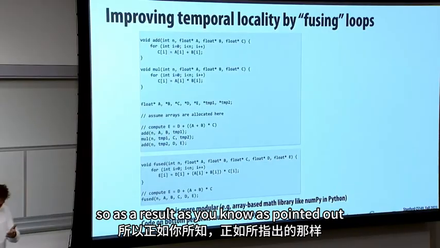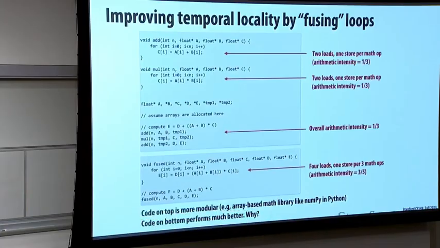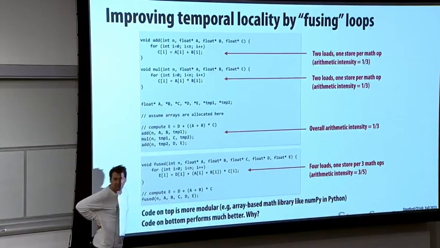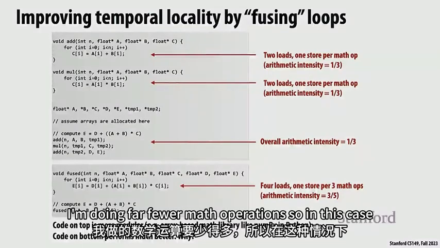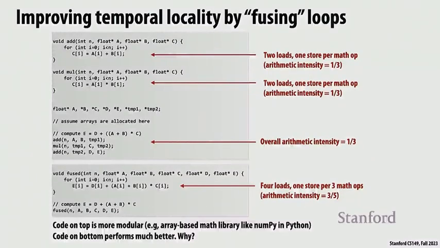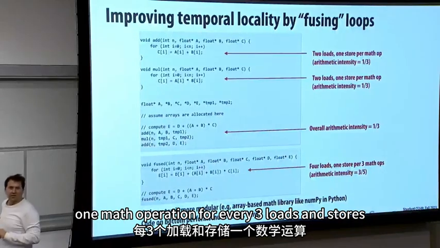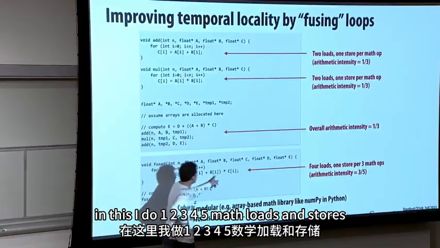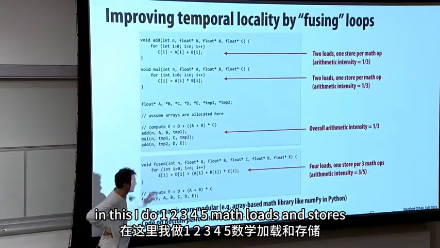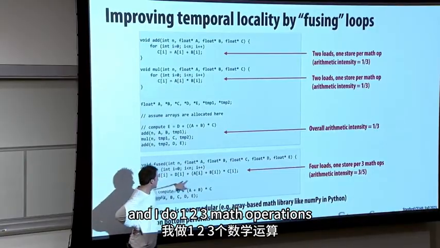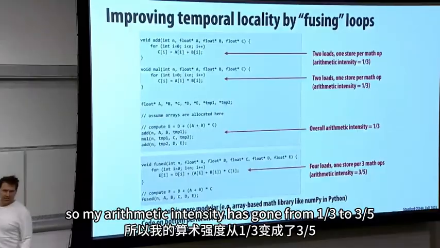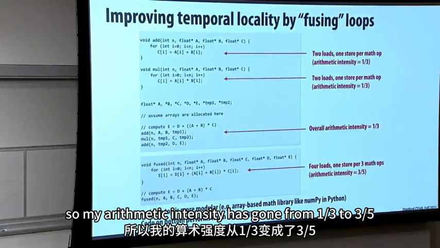So I'm doing far fewer loads and stores. In the earlier version it was 1 math operation for every 3 loads and stores. In this one, I do 1, 2, 3, 4, 5 loads and stores, and I do 3 math operations. So my arithmetic intensity has gone from 1/3 to 3/5.